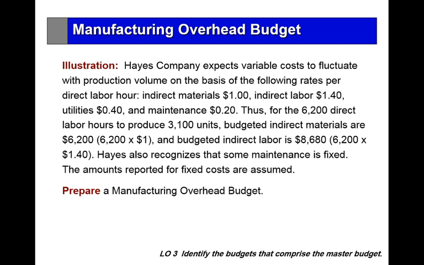Okay, let's move to manufacturing overhead. Manufacturing overhead is mostly classified into variable manufacturing overhead and fixed manufacturing overhead. Each company expects variable manufacturing overhead to fluctuate with production volume, on the basis of the following rates per direct labor hour.